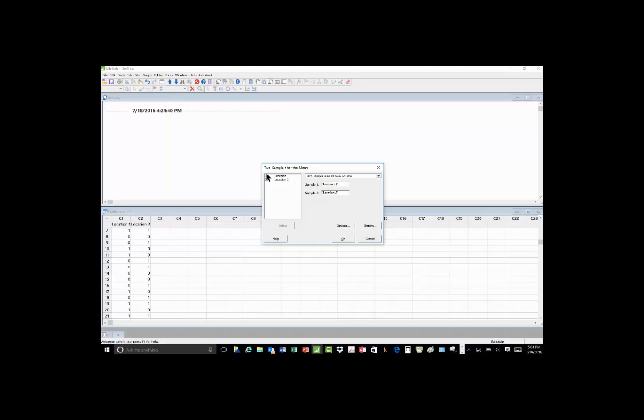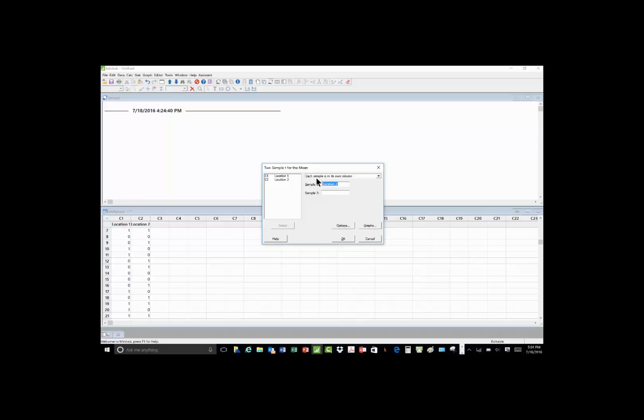Here's the data that we're going to select. I already had data in there. Let's just take that data out so I can show you the full procedure. Select, grab the second column of data. Let me do that correctly.